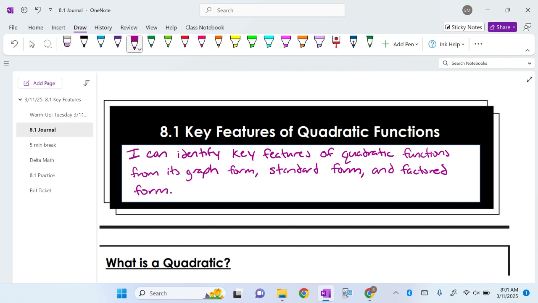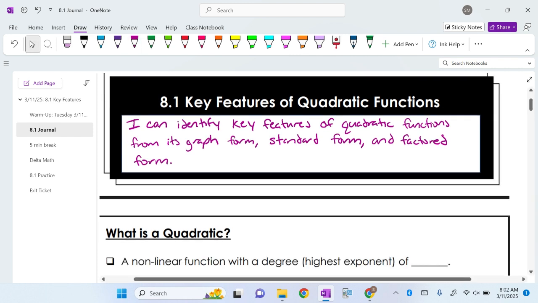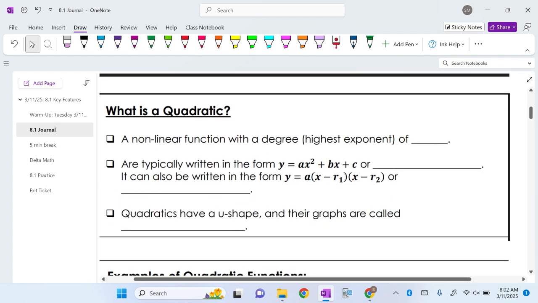You just didn't know that's what it was. A quadratic function is technically a polynomial. All right, and a lot of the functions that we did factor in the last unit were quadratic functions. All right, so before we even talk about key features, we need to actually look at what is a quadratic. So open up that first tab.